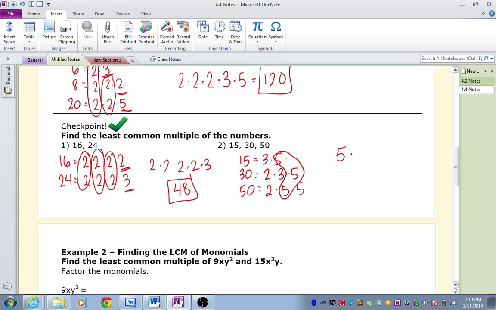That's the only one common to all three. So now we can go through and find ones common to just 2 of them. I have a common 2, and then I have a common 3. And the only extra number we have is that 5. So 5 times 2 is 10, 10 times 3 is 30, 30 times 5 is 150.